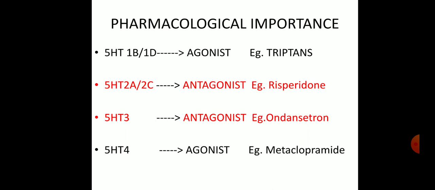The 5-HT4 agonist metoclopramide is a prokinetic drug, which has some antiemetic actions also, and is used in some GI-related problems. The 5-HT2A/2C antagonist risperidone is an atypical antipsychotic, used for psychotic problems. The 5-HT3 antagonist ondansetron is useful for drug-induced vomiting. So remember, 5-HT1 and 4 agonists and 5-HT2 and 3 antagonists are used for the treatment of disease.